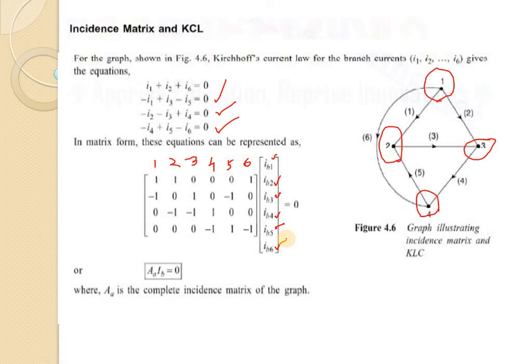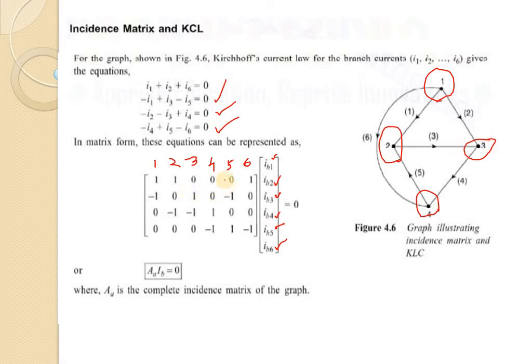With the help of these equations we can form this incidence matrix, or we can directly form it from the graph. Let's see from the equations. Our first equation is I1 plus I2 plus I6. That means in place of 1 it will be plus 1, in place of 2 it will be plus 1, and in place of 6 it will be plus 1, and the remaining branches are not connected, so it will be 0, 0, 0.